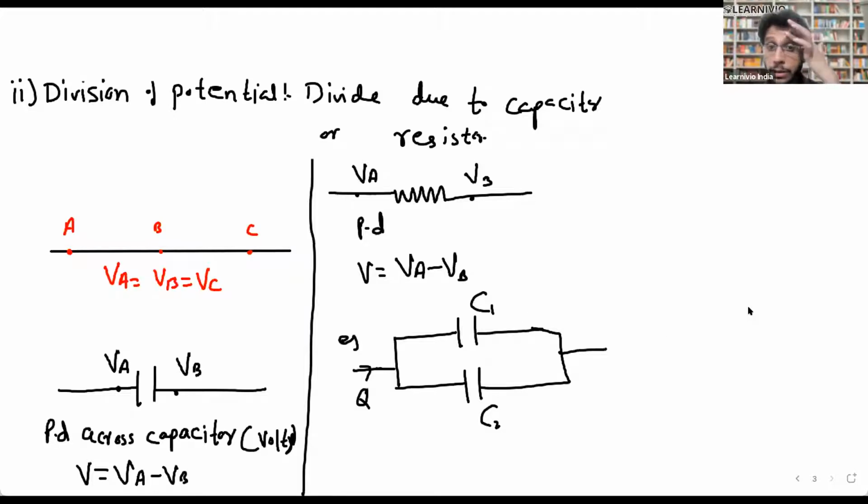Fatima is not answering. Mariam, will both the capacitors have the same charge? No, sir. Charge will divide, right? Charge will divide into two parts. One is Q1, another is Q2.